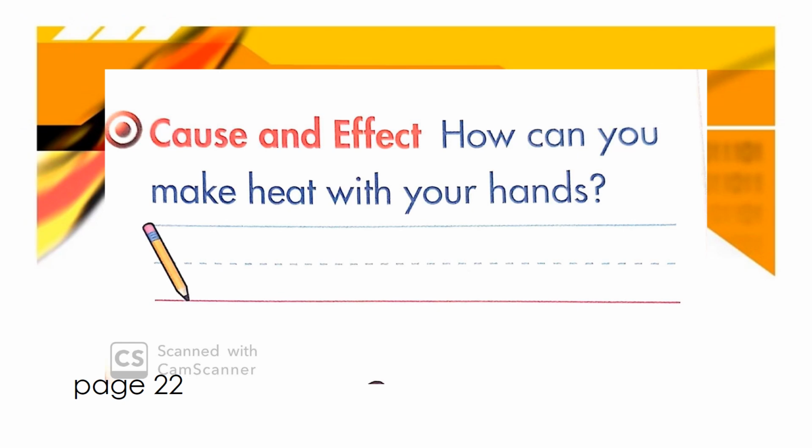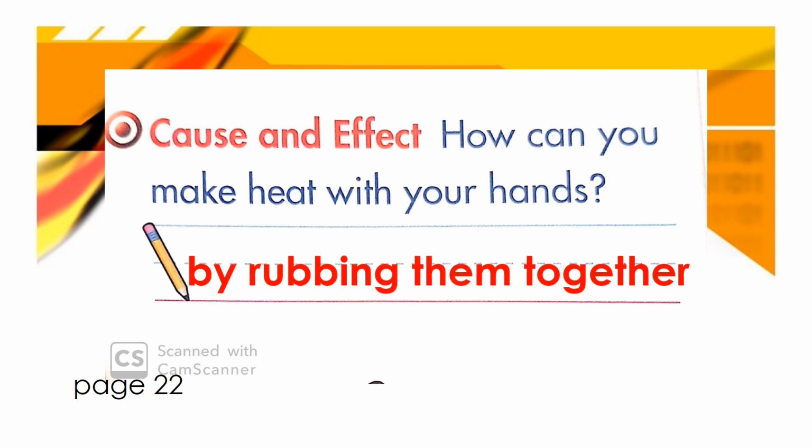All right. So do you have an answer now? Let us see if we have the same answer. Okay. So we can make heat with our hands by rubbing them together. Write your answer and please follow the line.